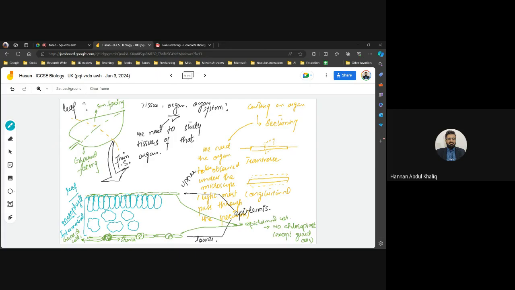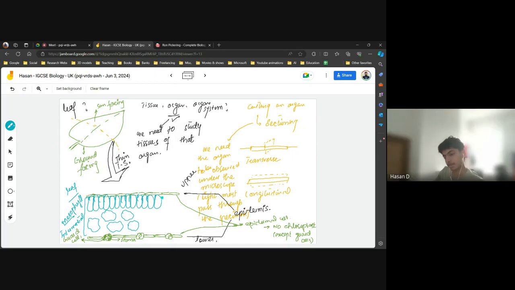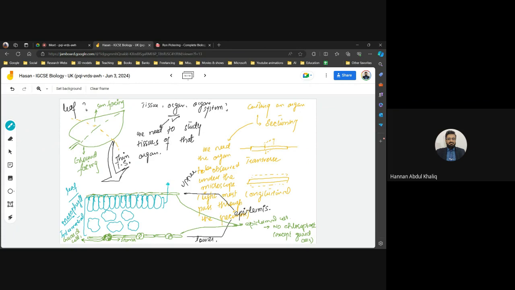Number one, shape, and number two, spaces between the cells. Can you see? The upper layer is supposed to be called the palisade, and this lower layer is supposed to be called the spongy.